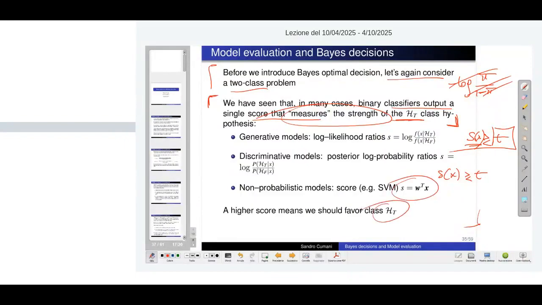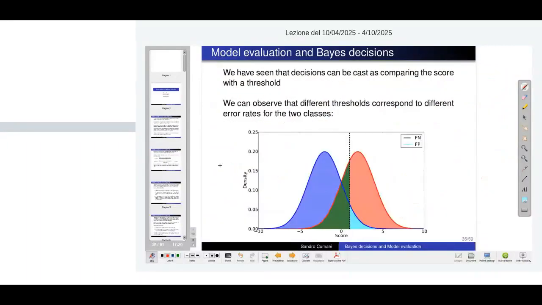Typically, for higher scores we favor class true, for lower scores we favor class false. This we have not seen yet, but we will see that also the classifiers we have yet to see follow this idea.